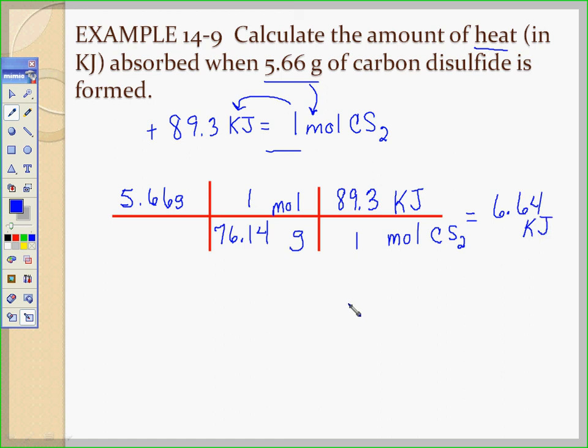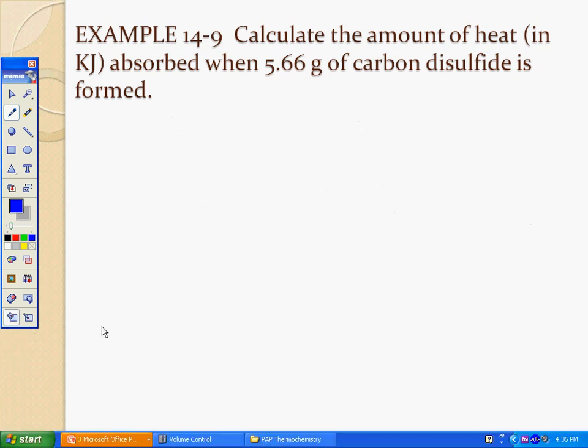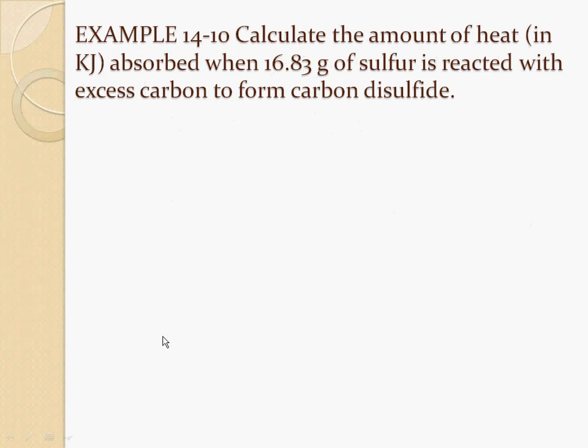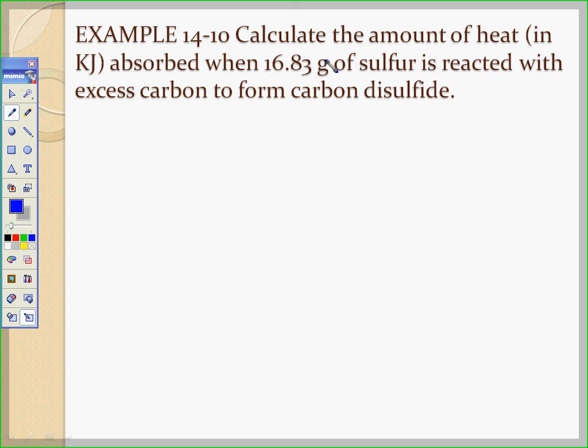Now, before you go on to number 10, you ought to pause the video, try number 10 on your own, and then restart the video to get the worked out solution and to see the answer. Now, in number 10, we're talking about the same reaction, but this time we're given an amount of sulfur that's reacted.